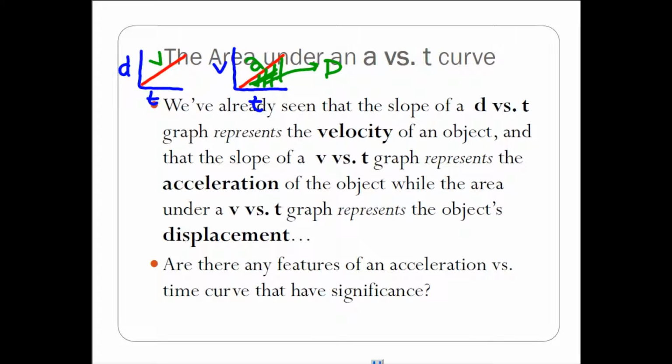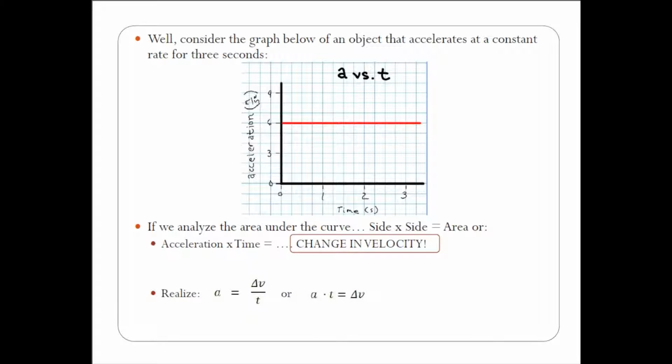So, are there any features of an acceleration versus time graph that have significance? Well, I doubt I'd be asking the question if the answer wasn't yes. Consider the graph below of an object that accelerates at a constant rate for 3 seconds.